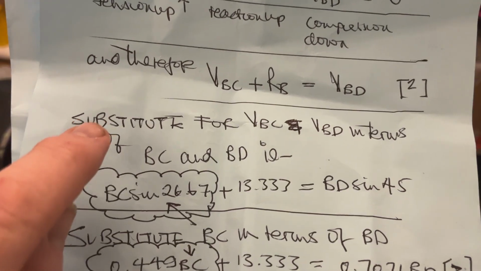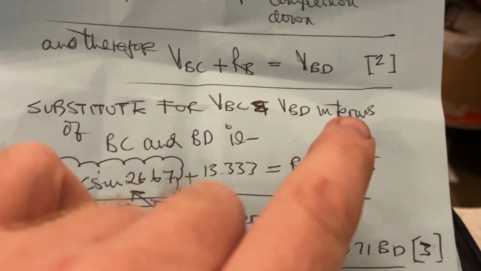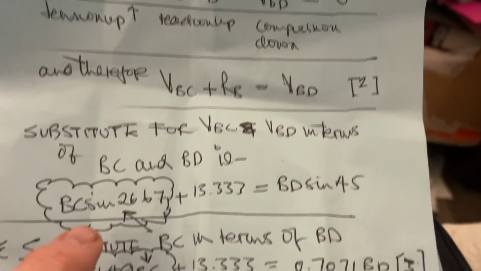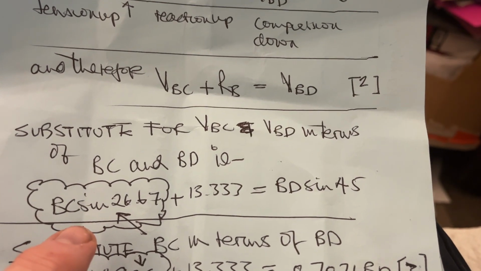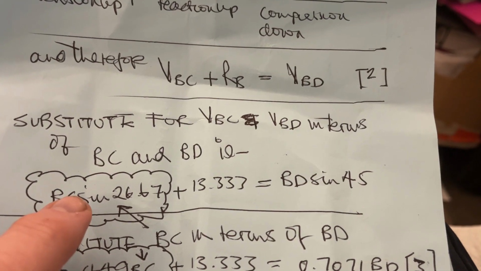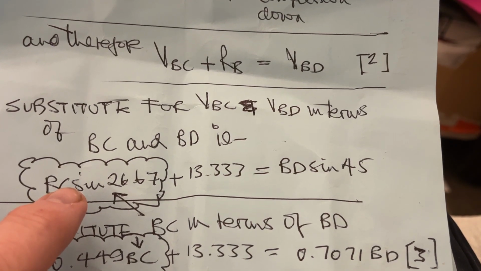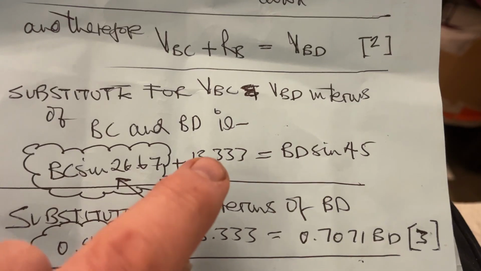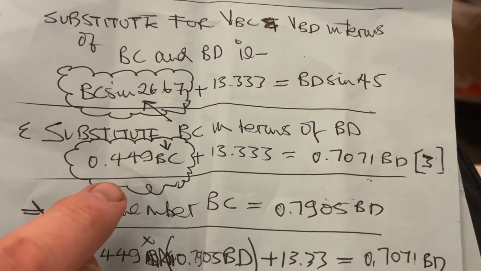So we can substitute for VBC and VBD in terms of BC and BD. We know that VBC equals BC sine 26.57, and VBD equals BD sine 45. Therefore, BC sine 26.57 plus 13.333 equals BD sine 45.